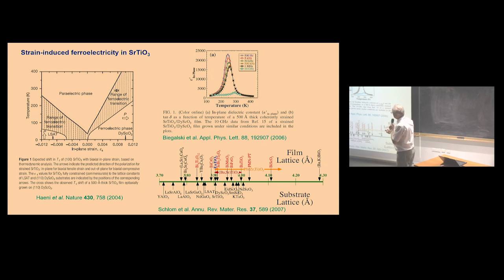If you have tensile strain, here from dysprosium scandate, then polarization should appear in the plane of the film. If you have compressive strain, polarization should be out of plane, as in the case of an LSAT substrate.